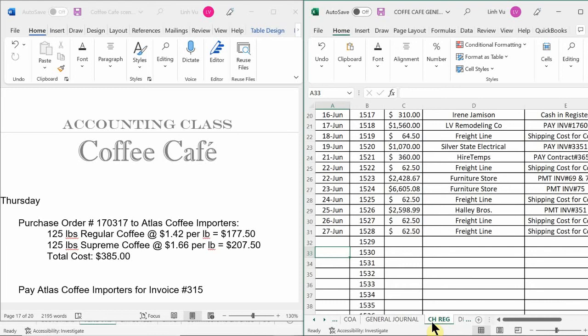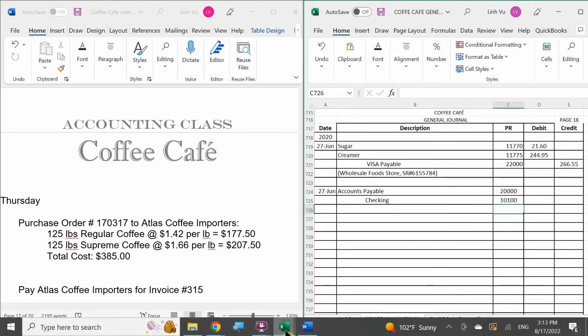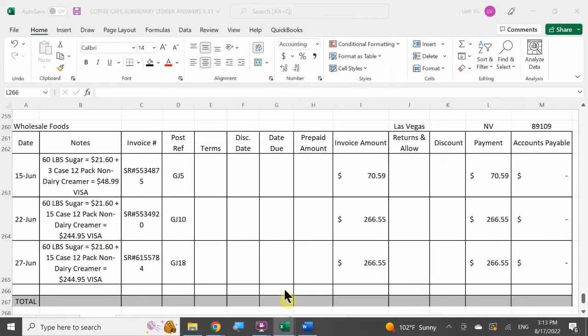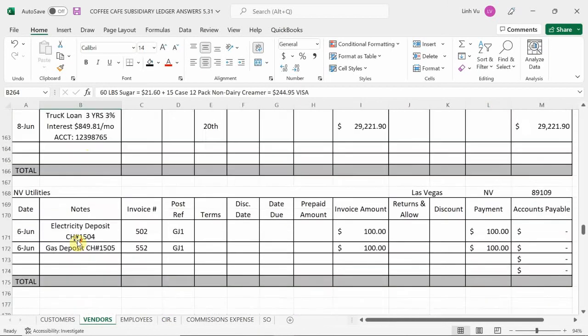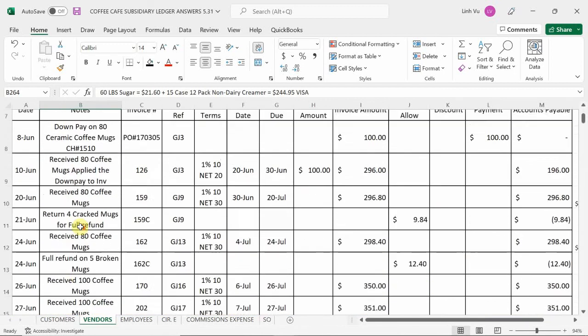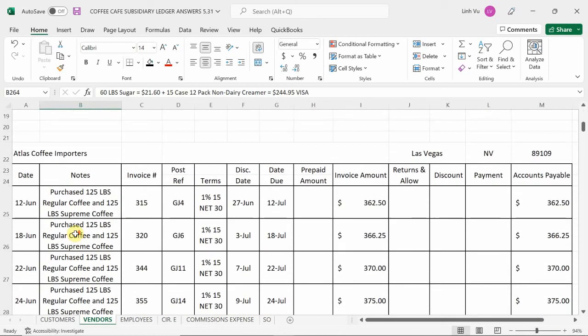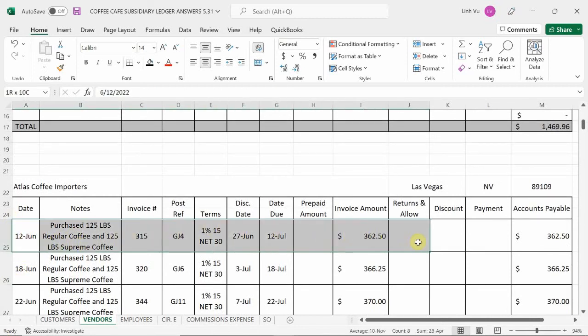So we open the subsidiary, and we go to Atlas. We find invoice 315, which was our first one. And we owe them $362.50.